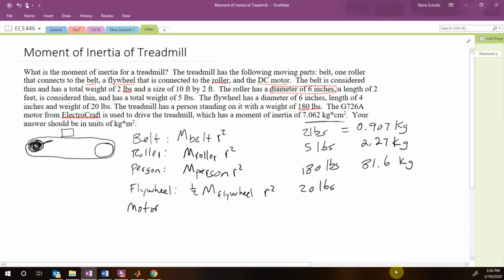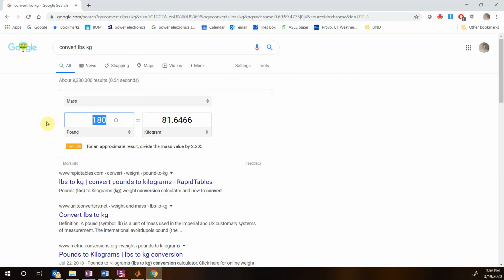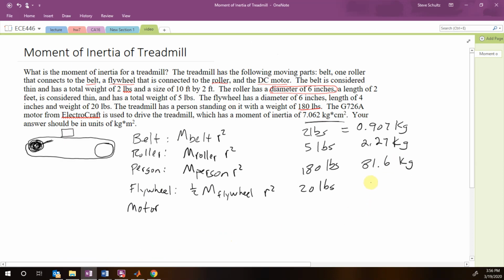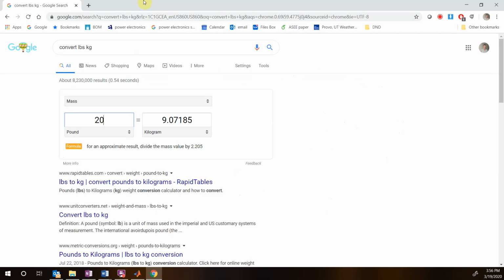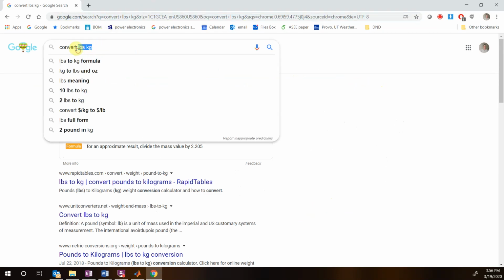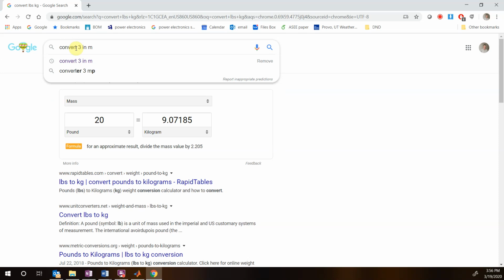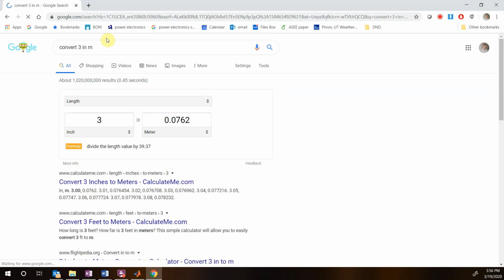And the 20 pounds is 9.07. Okay, and then the 6 inches, which we want as a radius, so we want 3 inches. So 3 inches is 0.076 meters.